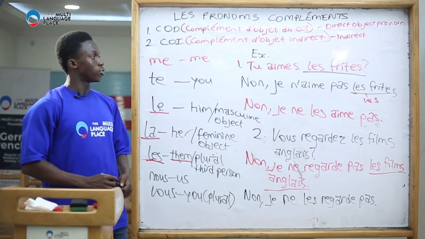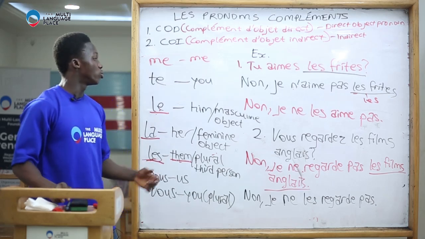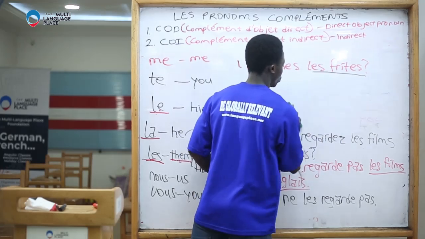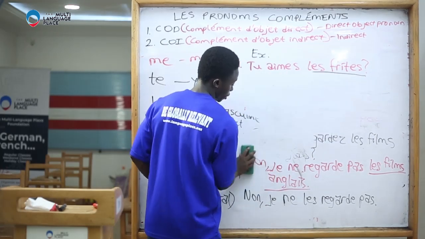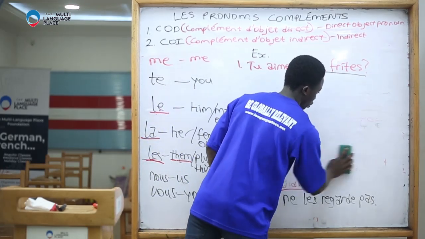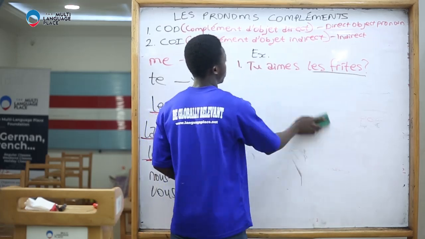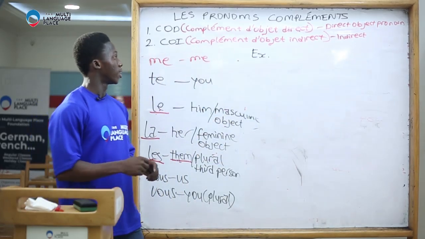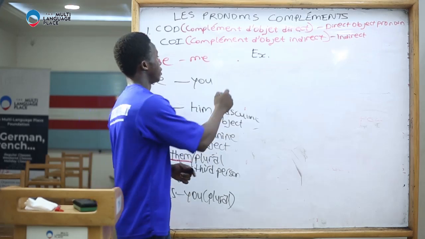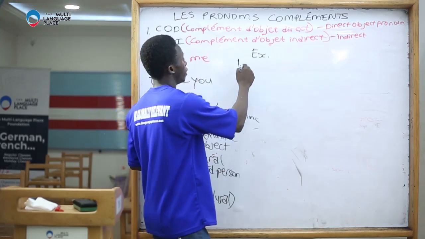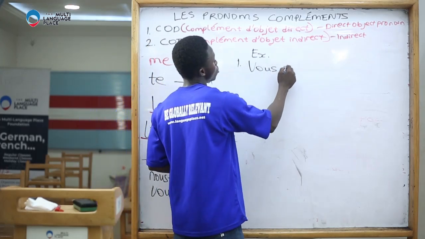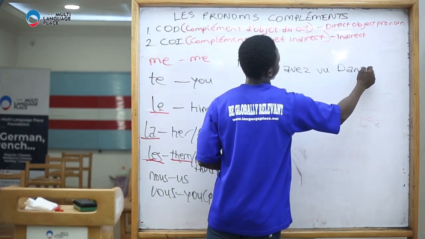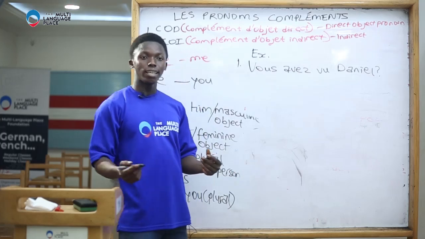Très bien. So let's see other forms where we could use COD. For example, in passé composé, when we are talking about the past in French. For example, if someone asks me, "Paul, vous avez vu Daniel?"